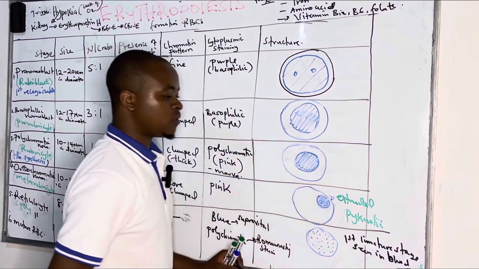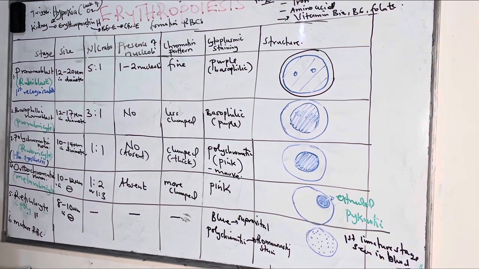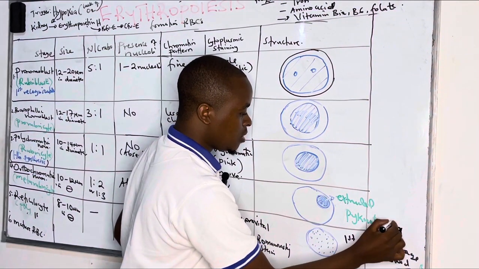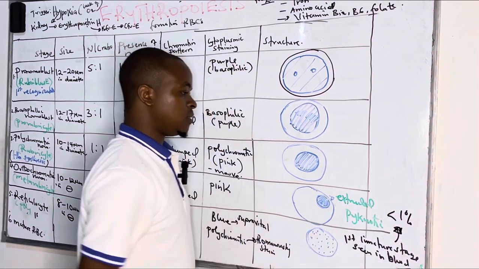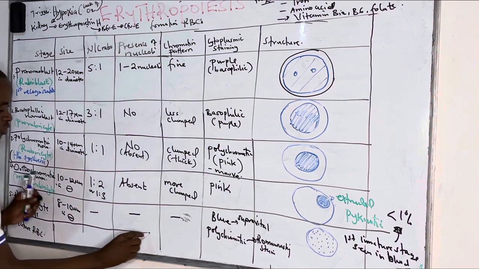Don't forget this. They can ask you in objectives which of the following immature stages is first seen in the blood circulation. And it should be less than 1% in the blood circulation. So don't forget that. It can be a multiple choice question.